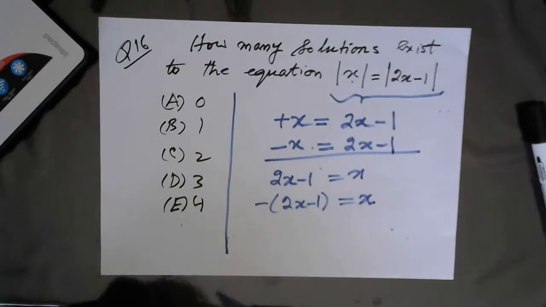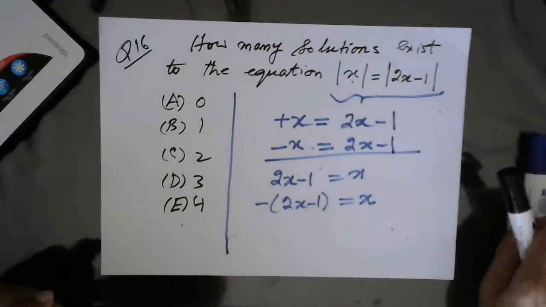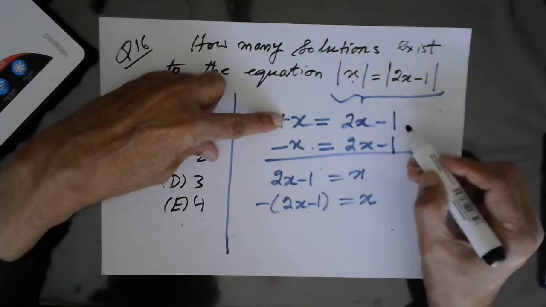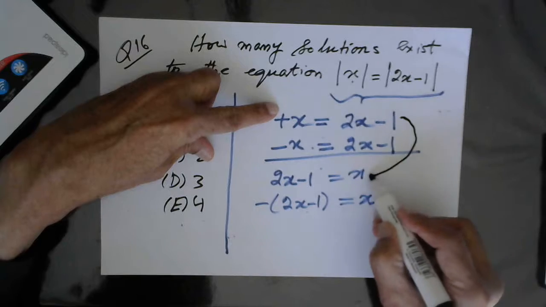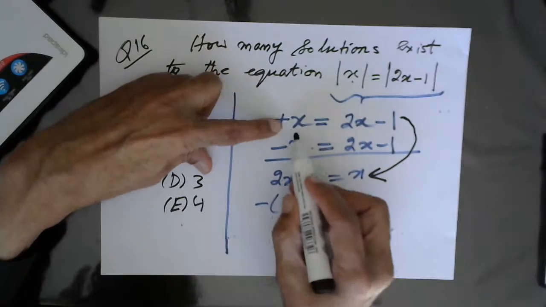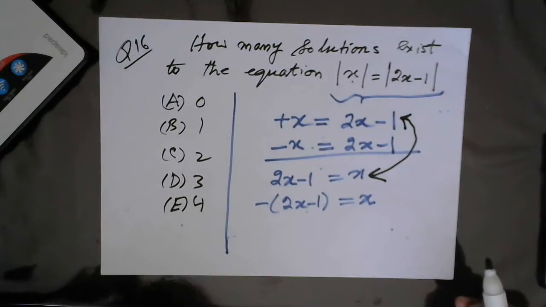If you look at these four possibilities, you will see that this is the same as this. This is x is equal to 2x minus 1, and this is x is equal to 2x minus 1.